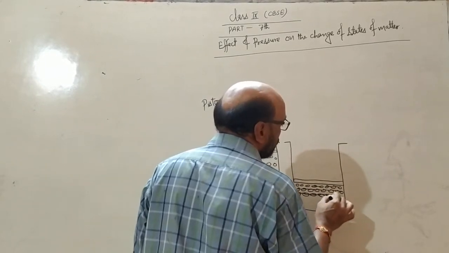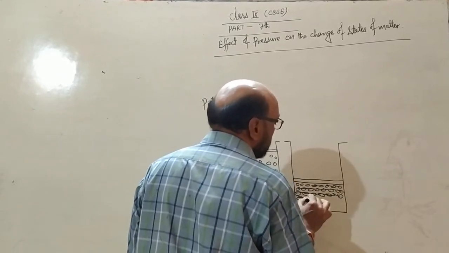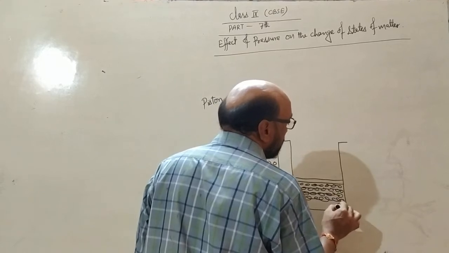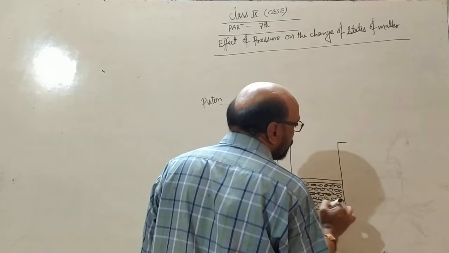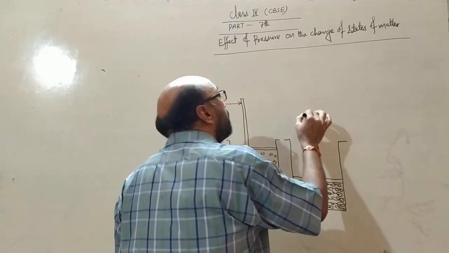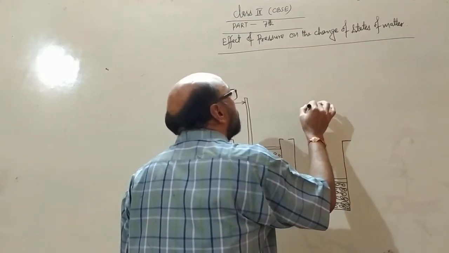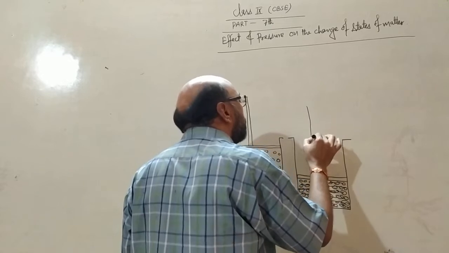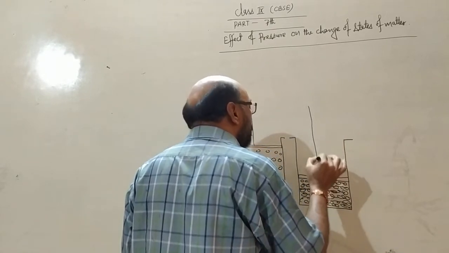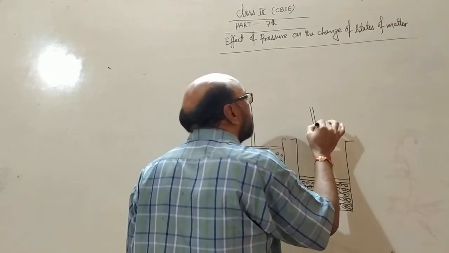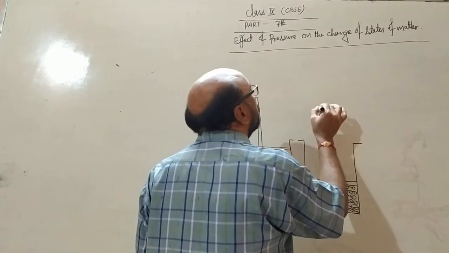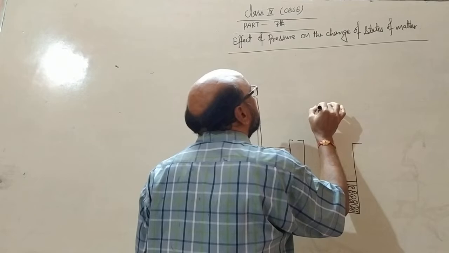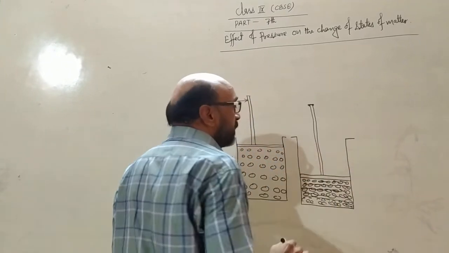What happens? The gaseous particles come very close to one another, which means the intermolecular distance or the intermolecular space between the constituent particles of the gas decreased.